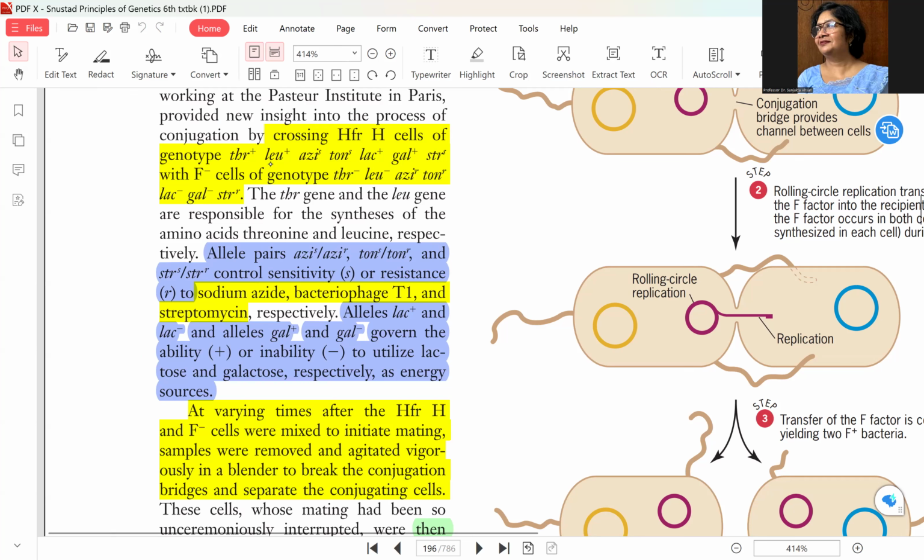And ORI-T of the F factor can be present anywhere along the length of that integrated F factor itself.